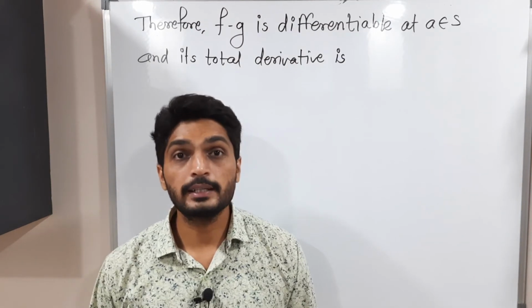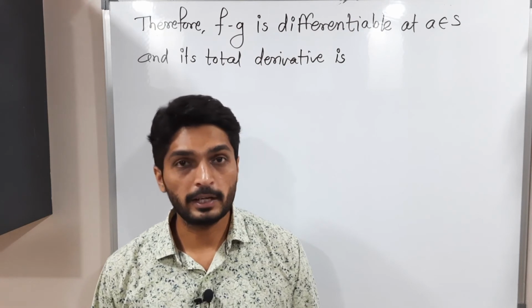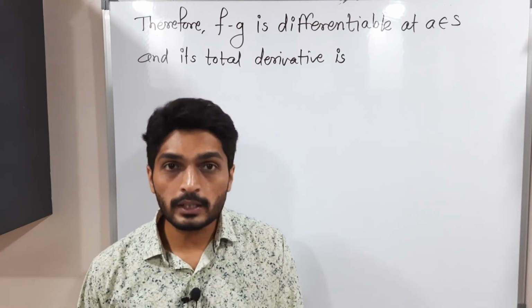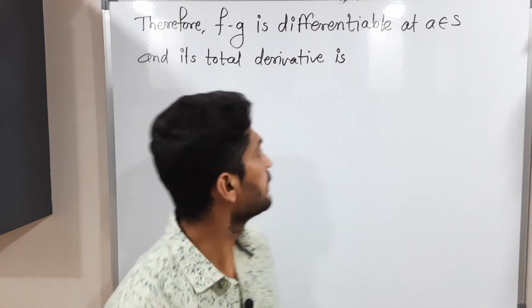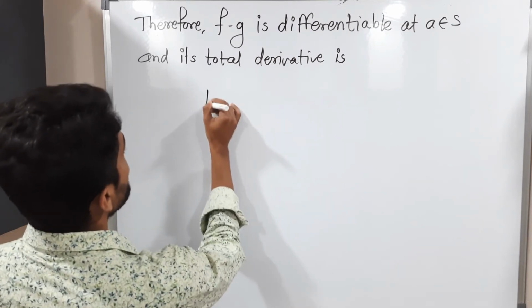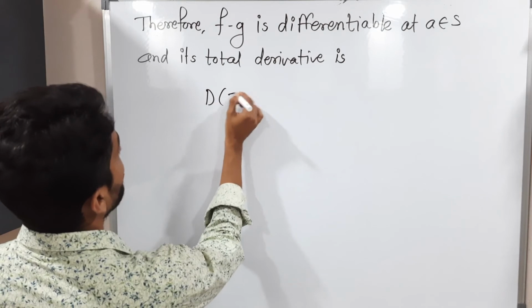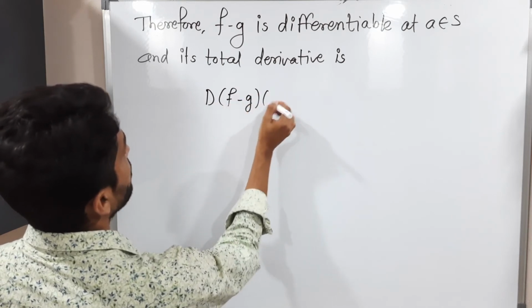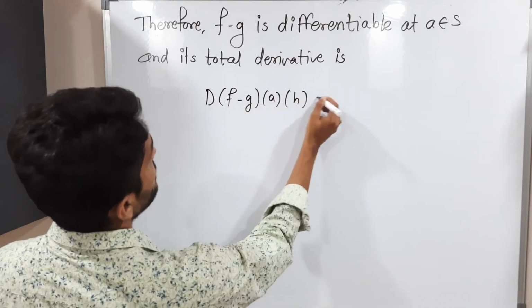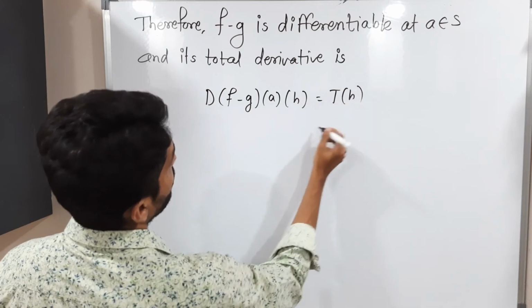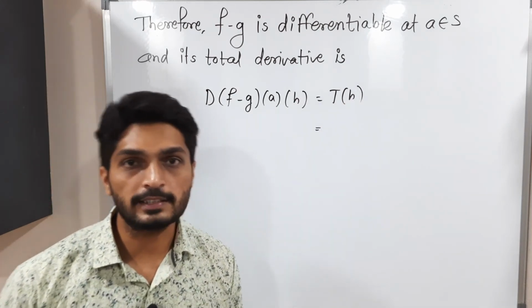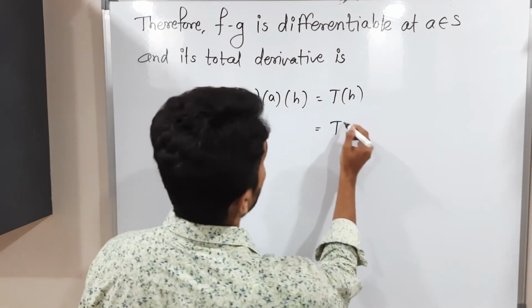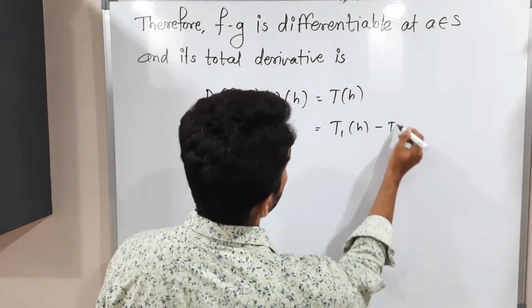So therefore we can declare f minus g is differentiable at a, and its total derivative is nothing but that linear transformation T. So let us write it. Its total derivative is d of f minus g at a of h. This is nothing but T of h, that linear transformation. But you remember the definition of T, it is T1 minus T2. So therefore T1 of h minus T2 of h.